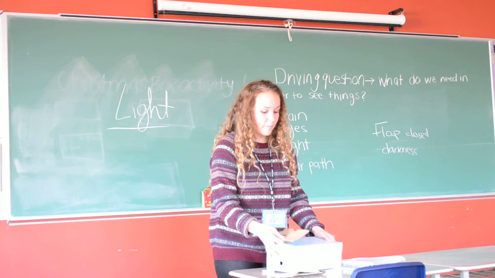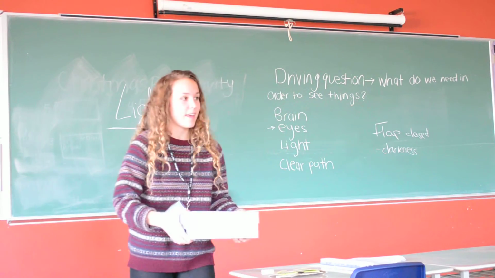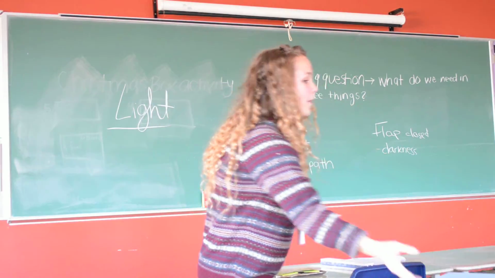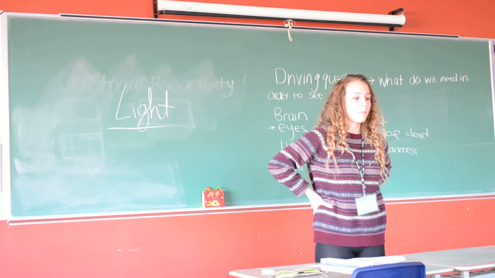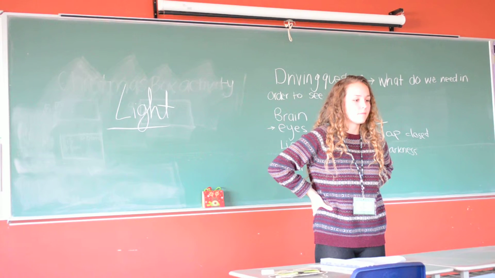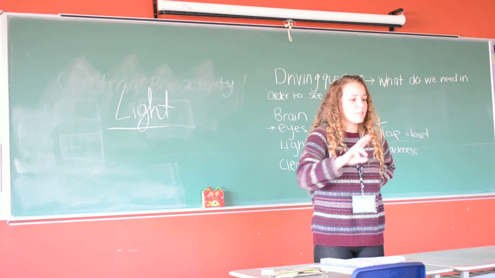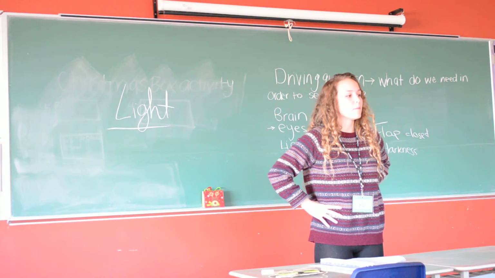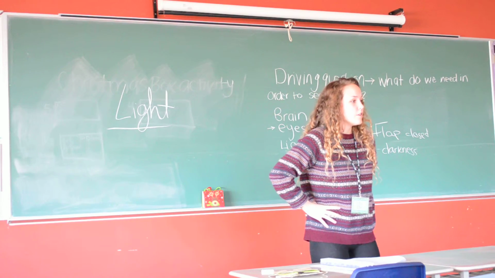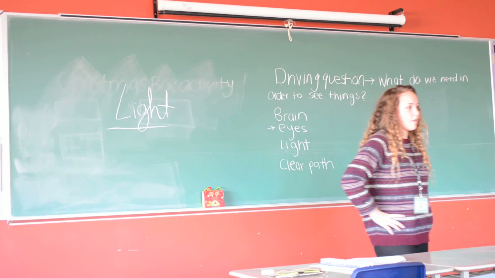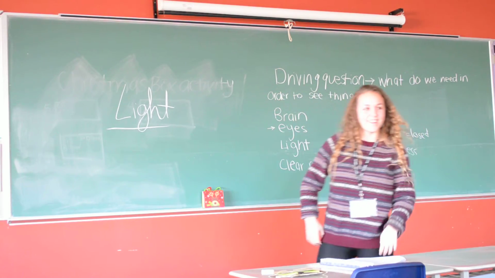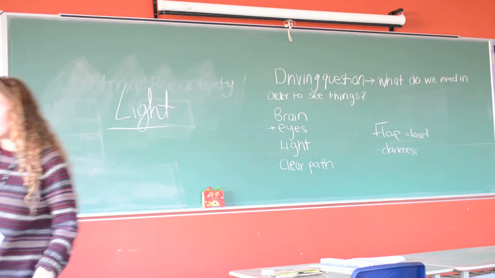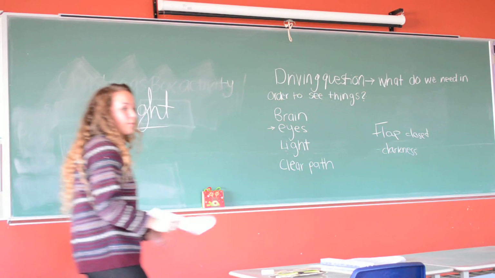Okay, but this time, I want you to make a scientific model. So if you flip to the third page in your document, the last one. Excellent. So does everybody know what a scientific model is? A scientific model is when you represent something that you see.